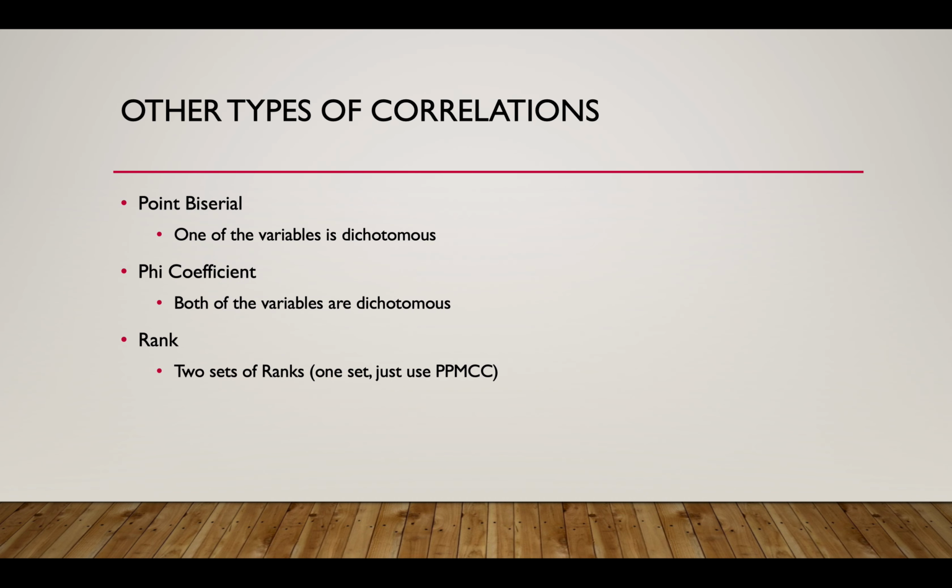There are times when using rank might not involve two ranks, in which case you could use, so for example, if you wanted to correlate the order that people came in at in a marathon and their body weight, you could use a simple Pearson product moment correlation coefficient. You don't need to use rank order correlation coefficient in that instance.